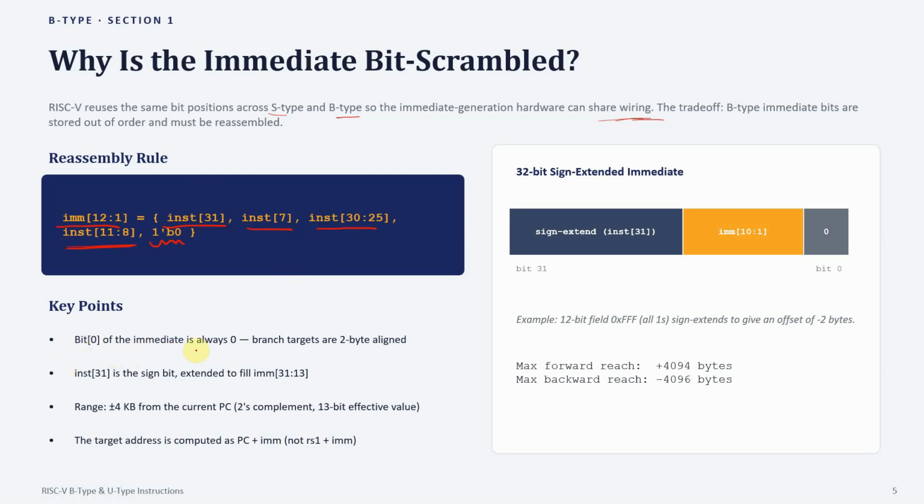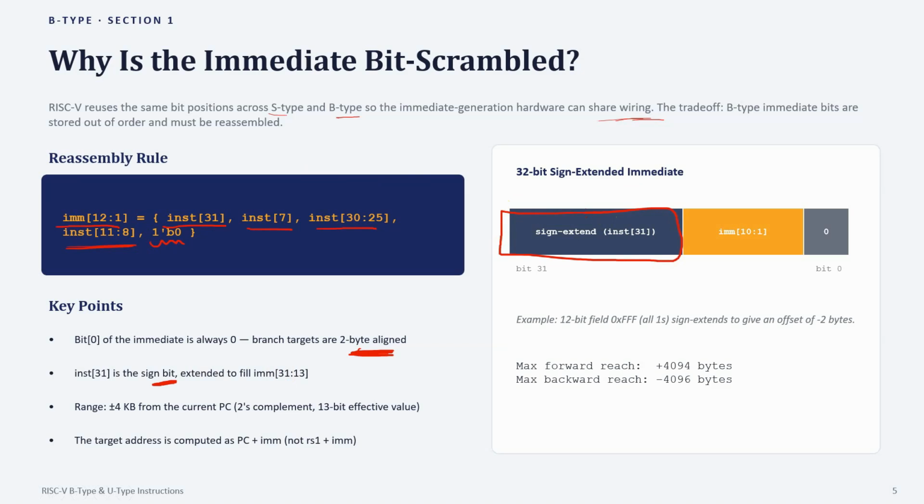Bit 0 of the immediate is always 0 because branch targets are always 2-byte aligned, and in our instruction, bit 31 is the sign bit, and it should be extended to fill the remaining bits. So this immediate value is a 12-bit immediate value, right? So we need to sign extend it. We have already seen this in our previous instructions, when we were discussing I-type and S-type instructions: whenever we had a 12-bit immediate value, we sign extended it to a 32-bit value.